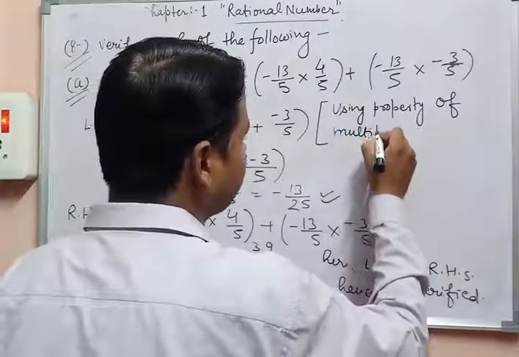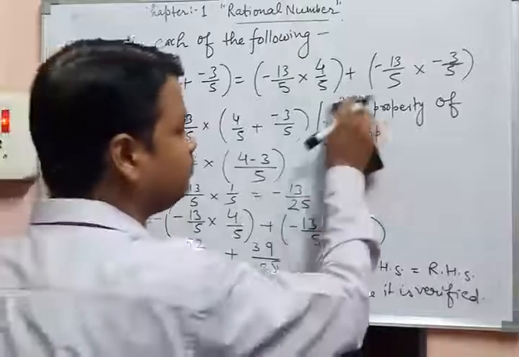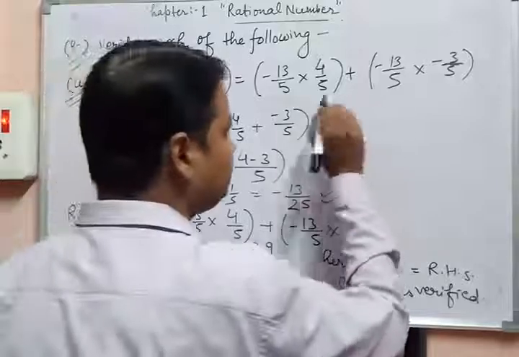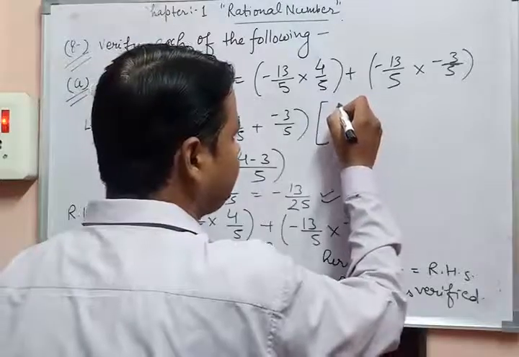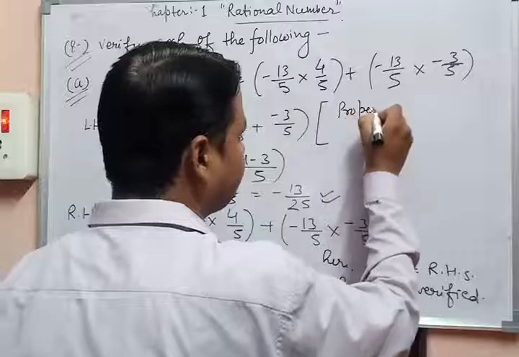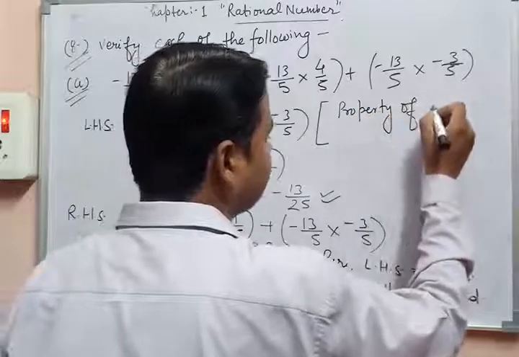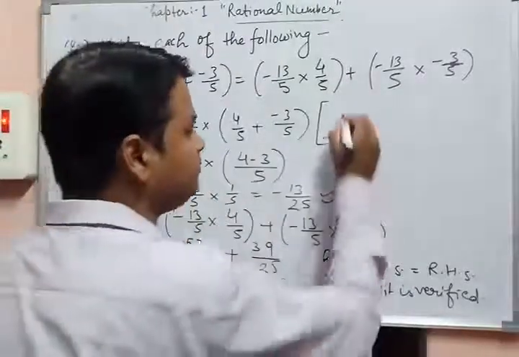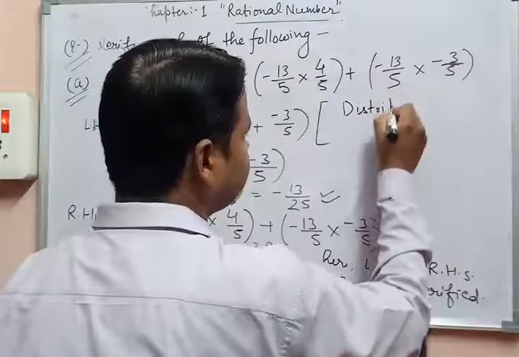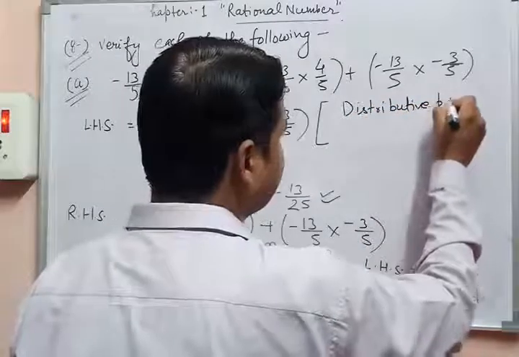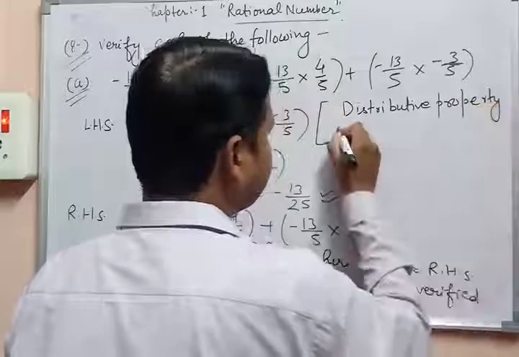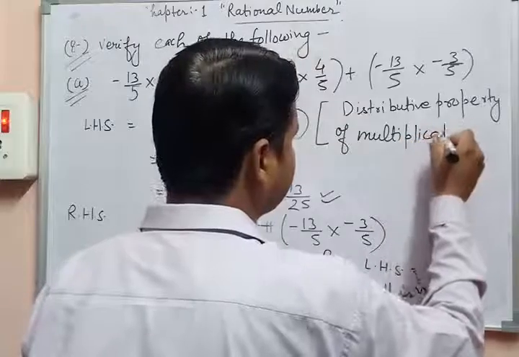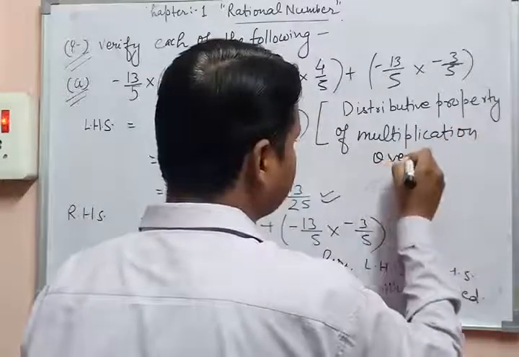You have to mention only the property name, for example: using the distributive property of multiplication over addition.